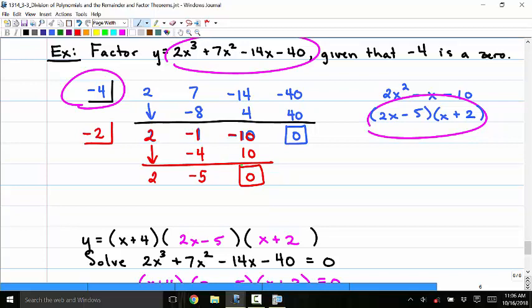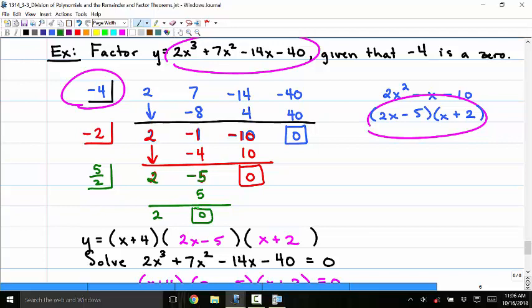What other number could I use in a half box? 5 halves? So if I do 5 halves in a half box, drop down my 2. 2 times 5/2 is 5.